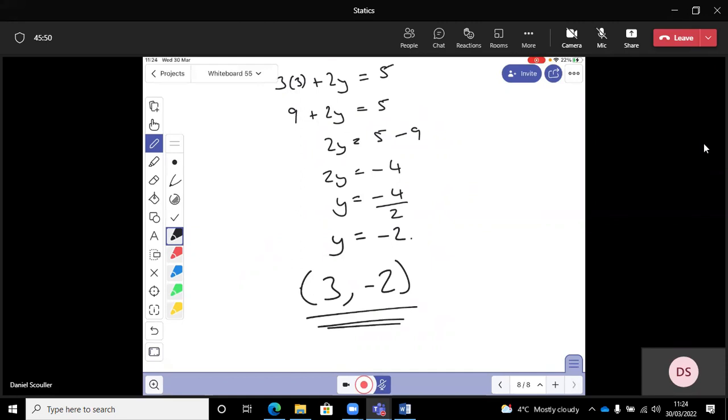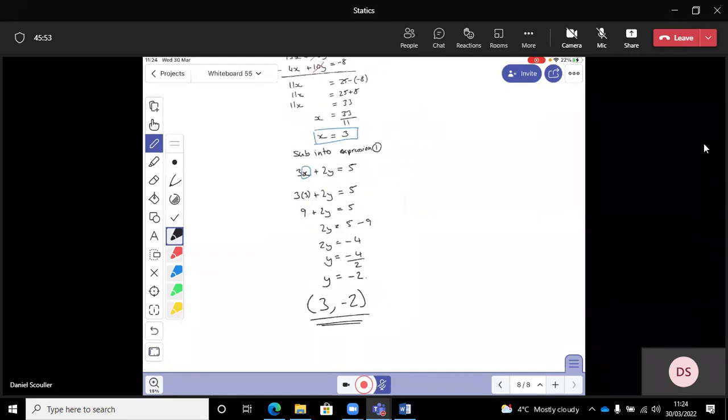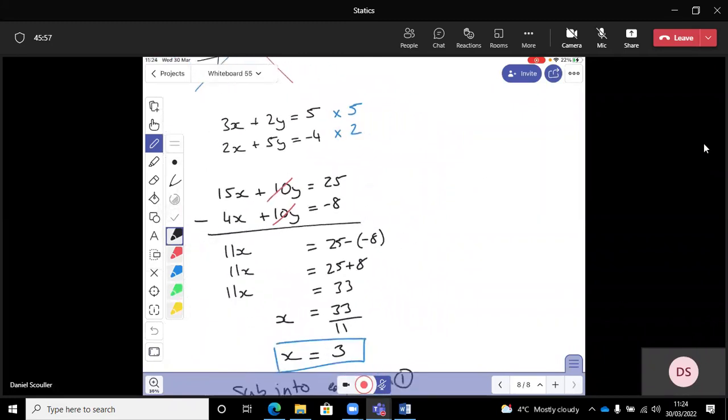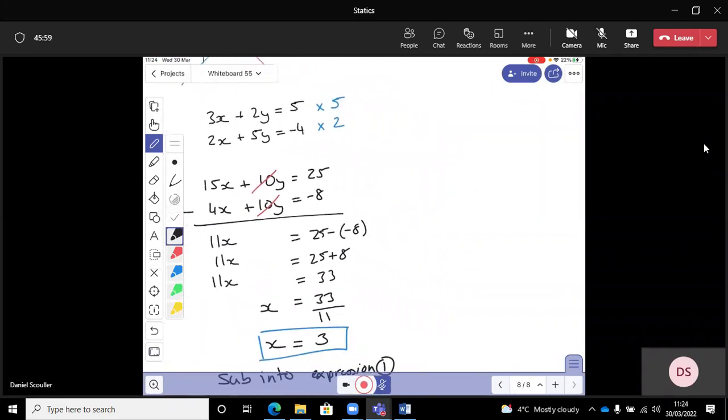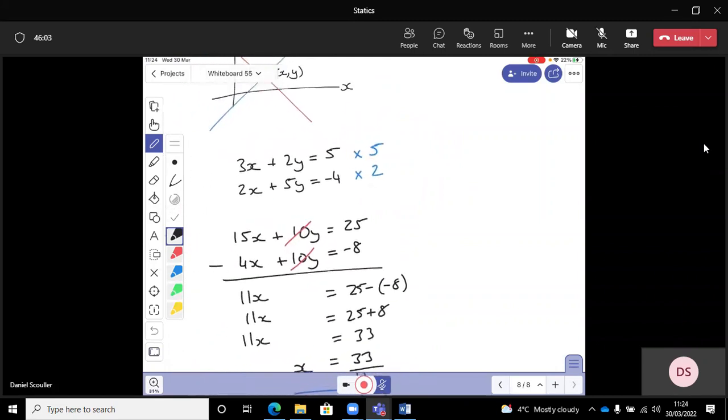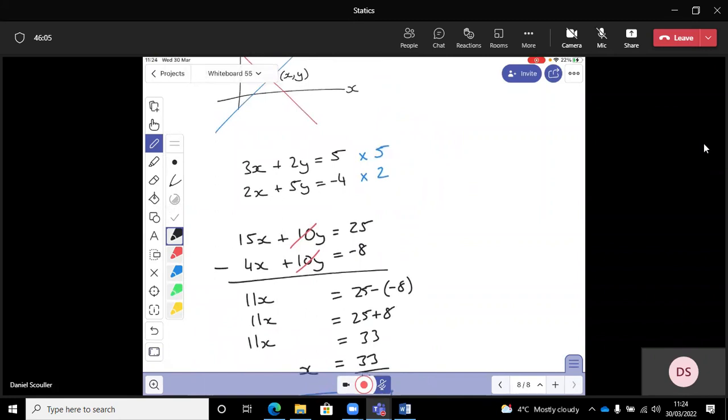Okay, simultaneous equations. Now we could have started this by eliminating the x, and that's perfectly fine. It's the exact same process to eliminate the x. We multiply the top line by something and the bottom line by something to get the same x term, and then we need to either add or subtract the two lines together to eliminate that.